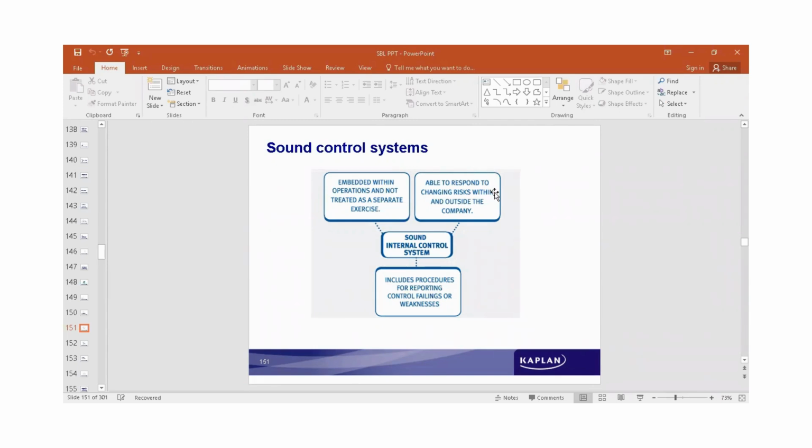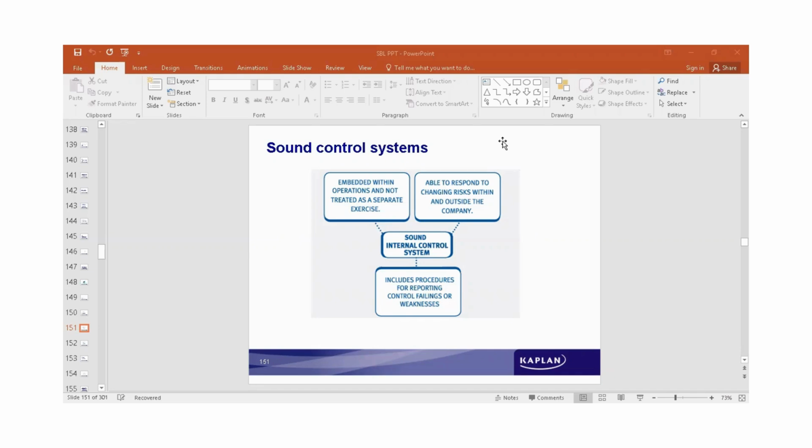Then the control system should be able to respond to the changing risk within and outside the company. So how do they respond? There is something called noting down of various events, and then what impact do these events have on the organization.